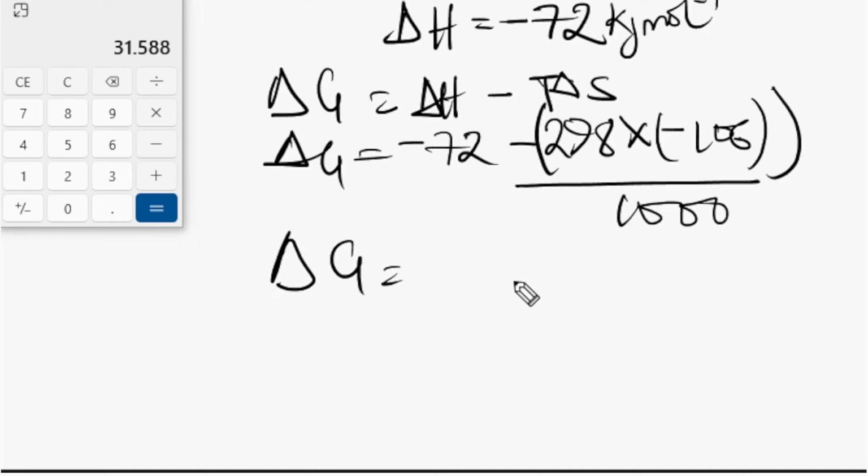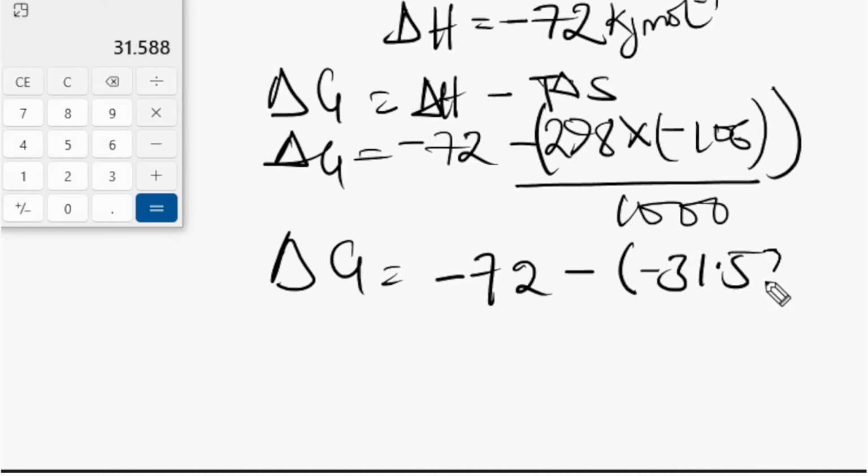So delta G is going to be negative 72, then minus, remember this is going to be negative because of the negative value here, so negative 31.59.